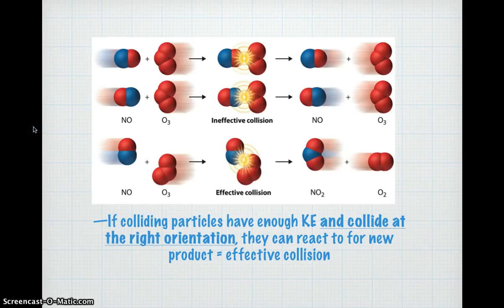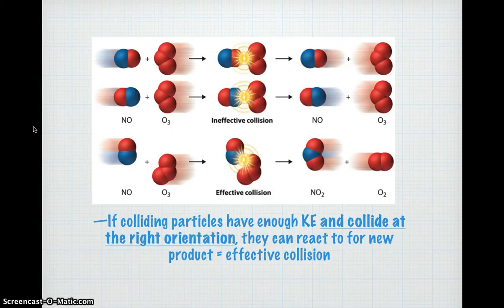All right, let's take a look at this picture that we have right here. We have NO and O3. You see at the top part of the picture is an ineffective collision, and at the bottom half of that picture, you see an effective collision.